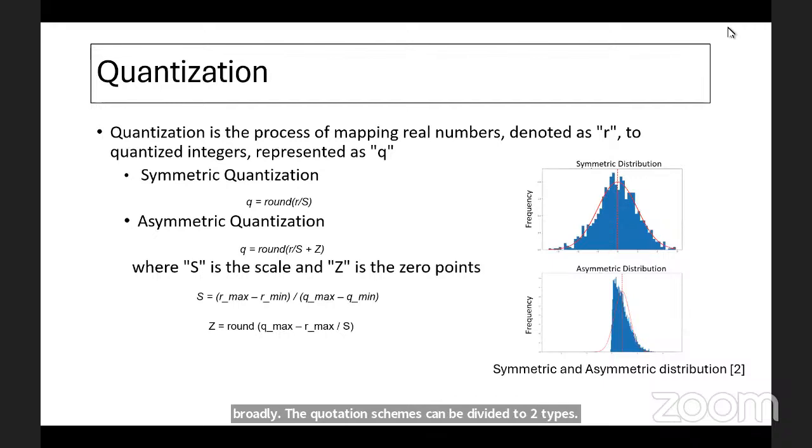So when you look at a symmetric distribution, as here, it's surrounding the 0, which means you're able to map without taking into account the 0 point. Whereas in the case of an asymmetric distribution, we're talking about a more skewed distribution.